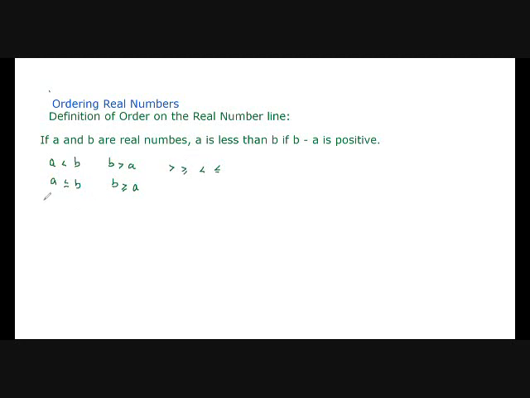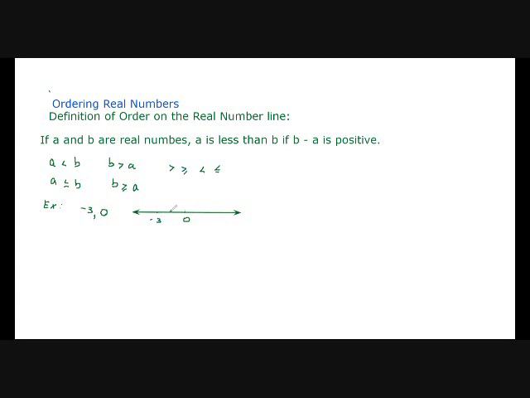For example, comparing on the number line, say I have -3 and 0. Of course, everyone knows right away which one is greater. If I put a number line, you can see 0 is right here, and -3 may be here.